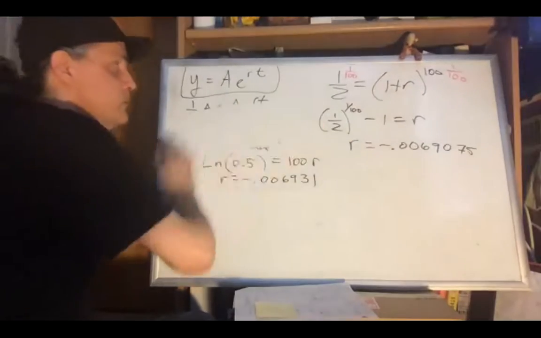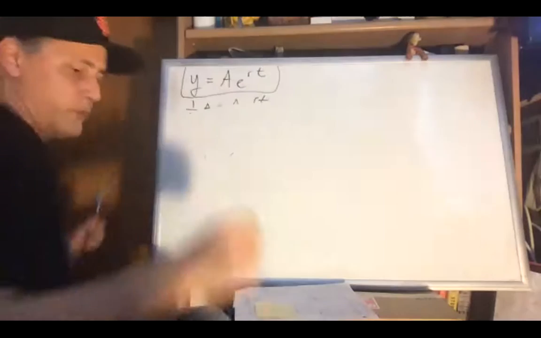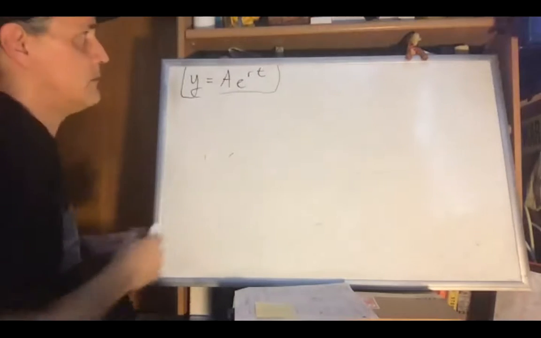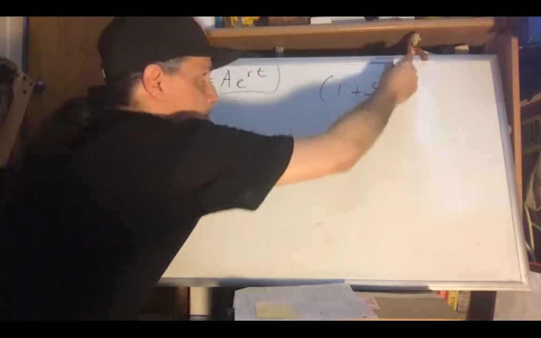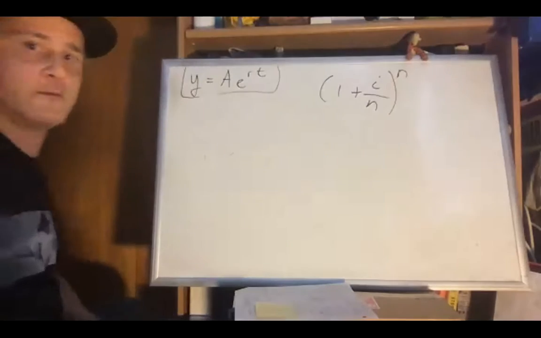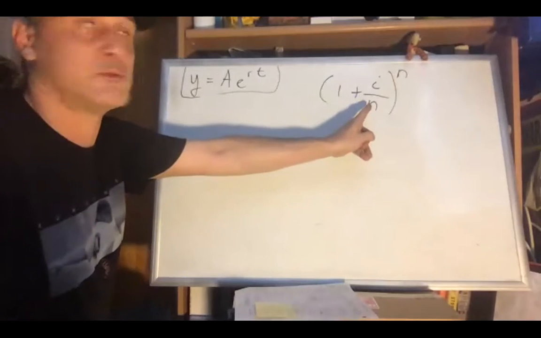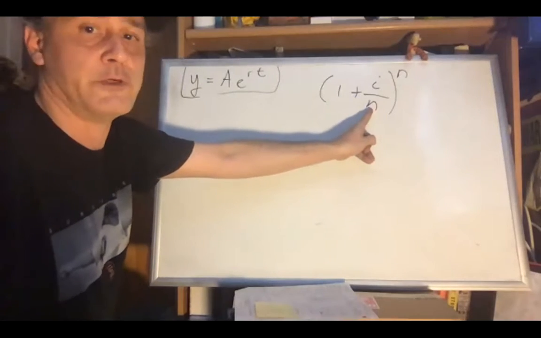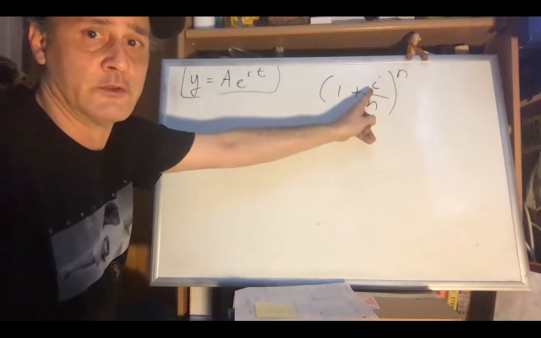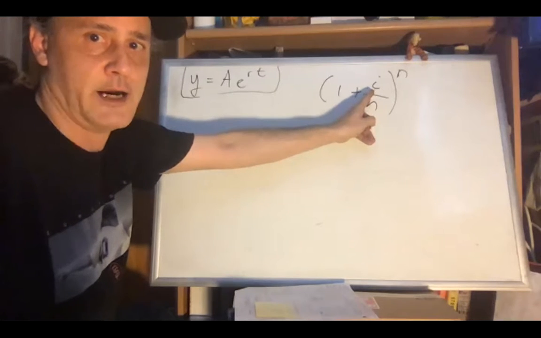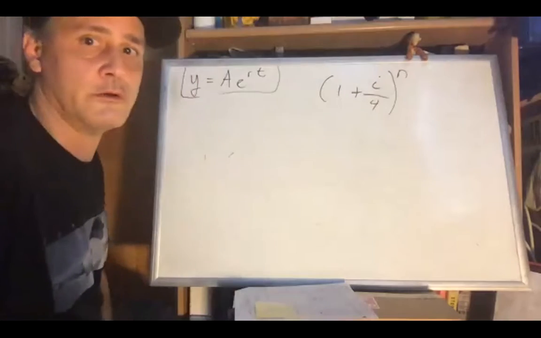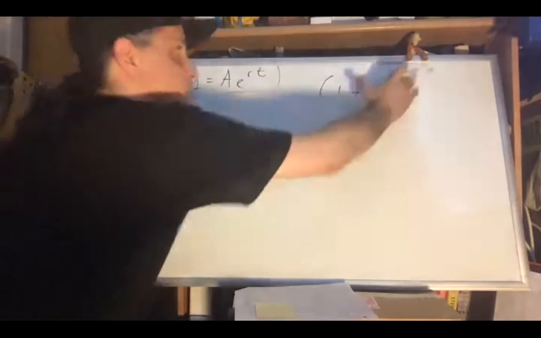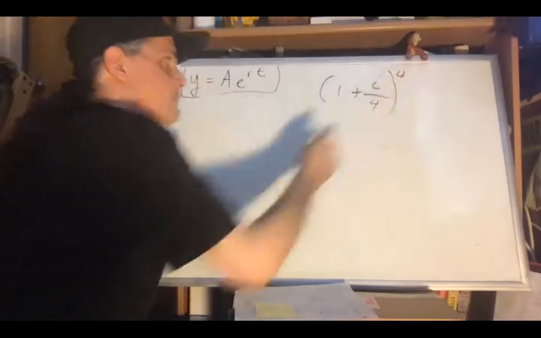All right, so in other words, when we had our growth factor and we divided by n and then did that, the reason we did this is because we were changing the period of time. So if the yearly percentage increase is i, and we wanted this to be per quarter, then that would have been 4, and we would have had 4 quarters in a year, right?